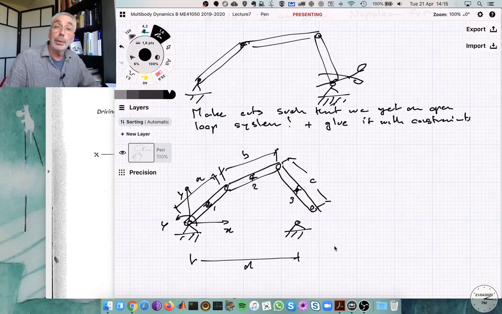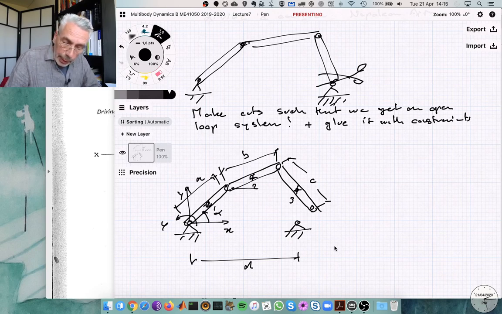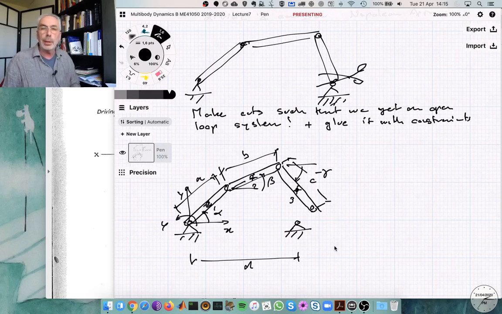And then since we made 2 cuts, we also have to introduce now 2 coordinates, which is rather obvious here. Initially we had our generalized coordinate alpha. Now we add a second generalized coordinate, the angle beta, and a third generalized coordinate gamma. I write minus gamma on purpose because it's flipped down and not up.